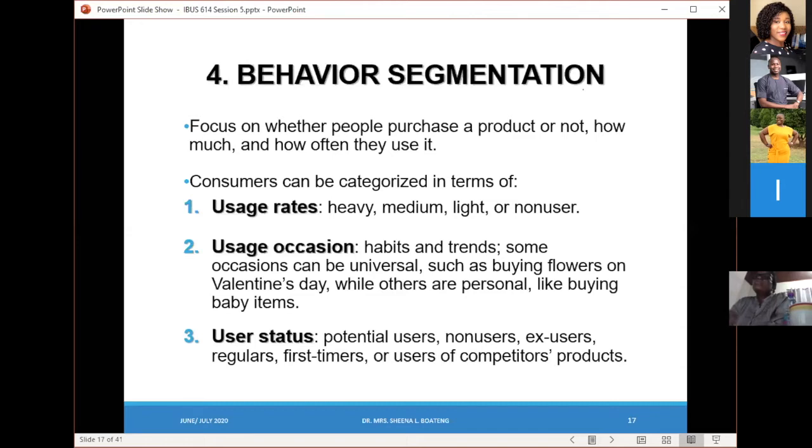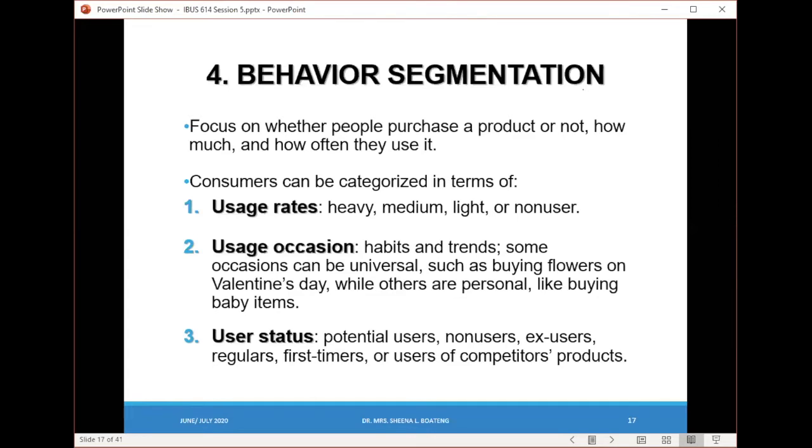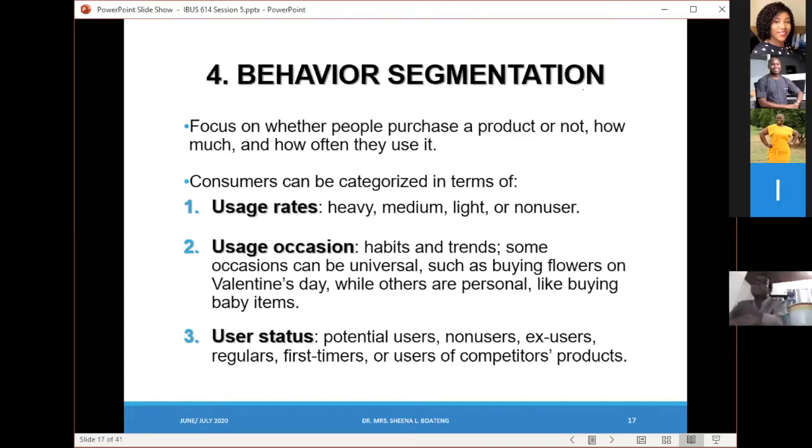Then we can talk about usage occasion, where we can be able to determine the occasions within which people usually use the products. And this is basically considering the habits and trends of which people use different products. It's like when the rainy season approaches and then all of a sudden we see umbrellas everywhere. It's like, you know that around this time, this is the kind of product that people usually go in for.